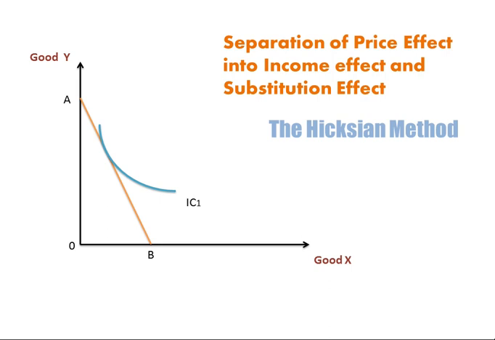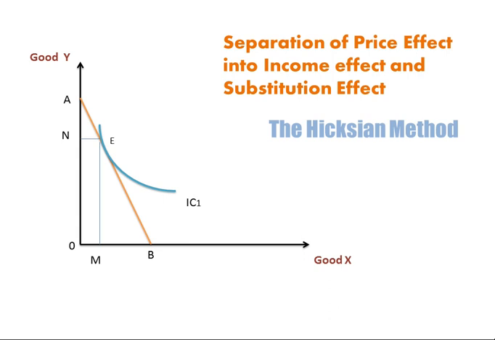The consumer is in equilibrium where the indifference curve is tangent to the price line AB. So at point E, the indifference curve IC1 is tangent to the budget line AB. At that point, the consumer is buying ON units of Y and OM units of good X.